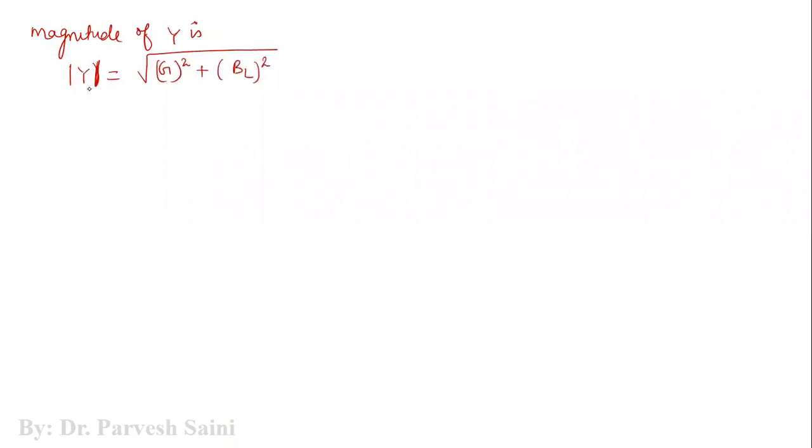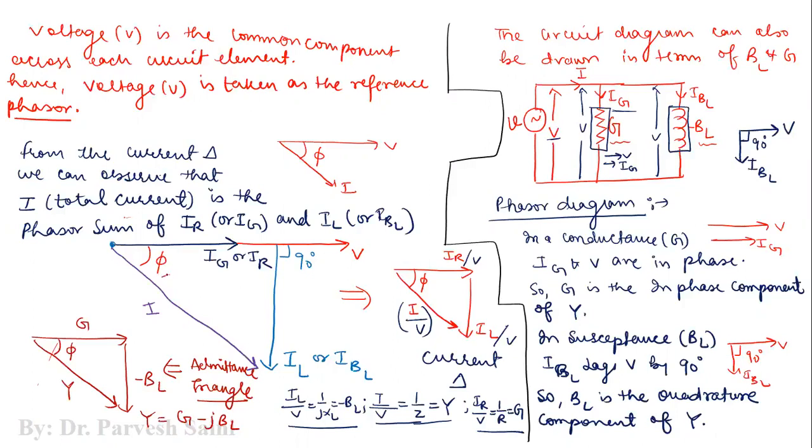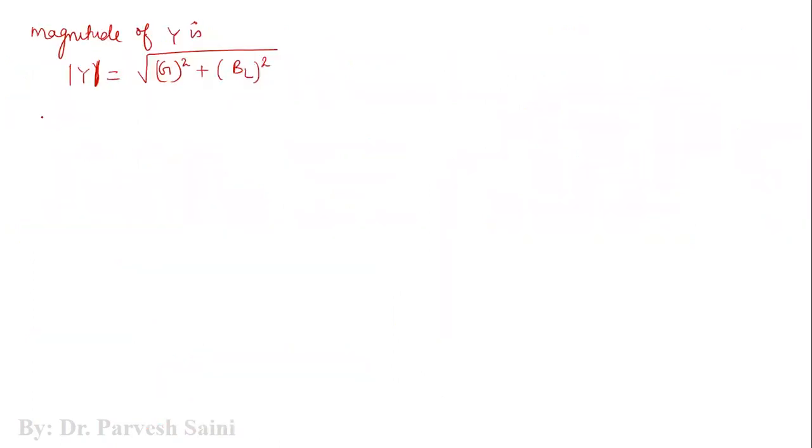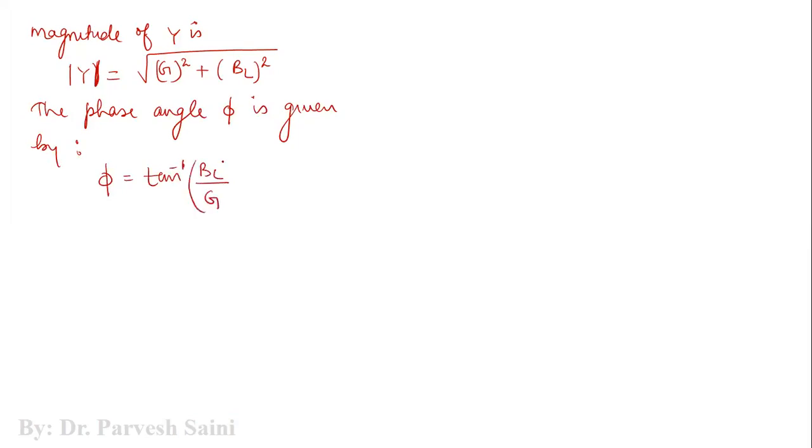And if you want to calculate the phase angle phi, it is given by phi is equal to tan inverse of the imaginary part divided by the real part. So this is what your phase angle is.